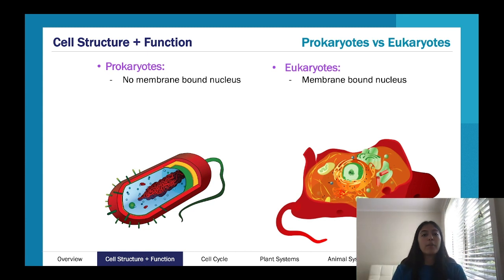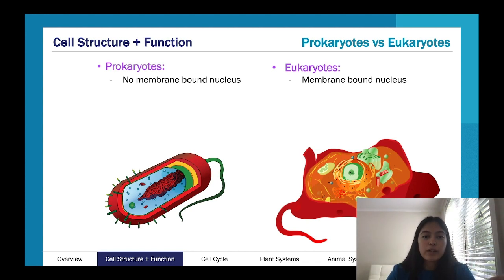Bear in mind, there are more prokaryotes than just bacteria and more eukaryotic cells than just animal cells, but that's how I remember it. Instead of thinking, what's the difference between a prokaryote and a eukaryote, I used to think, what's the difference between a bacteria cell and an animal cell? But obviously, think about exceptions too.